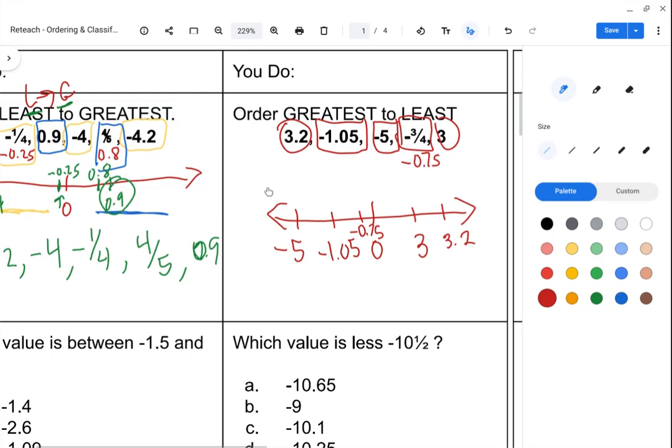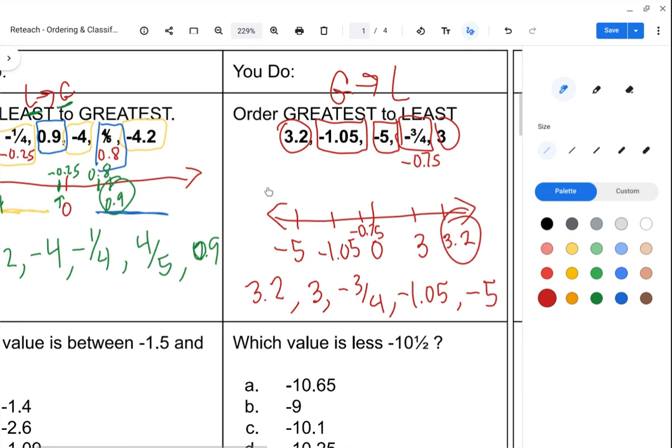All right, this time it wanted us to go greatest to least, so we're putting the biggest one first, which was 3 2/10. Then the next one was 3. Then negative 3/4. Then negative 1 5/100. And the smallest one out of our list was negative 5. It's the furthest from 0 to the left.